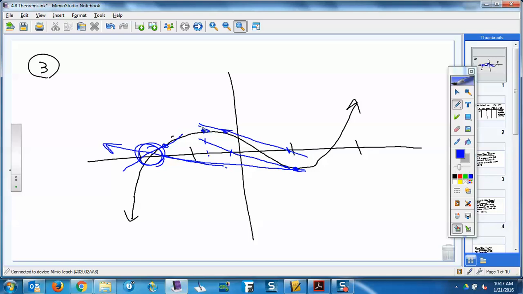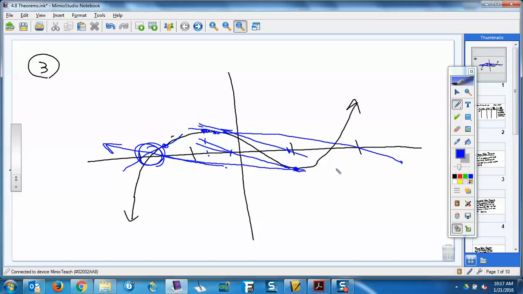Or if it was too close to this max, then it might send it way over here and end up finding this root, right? So it totally depends on that initial condition.